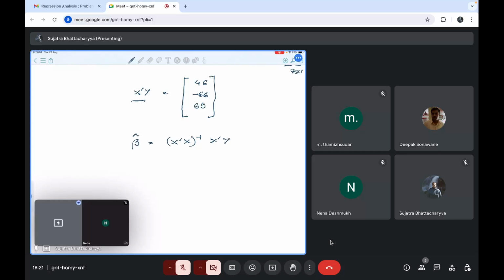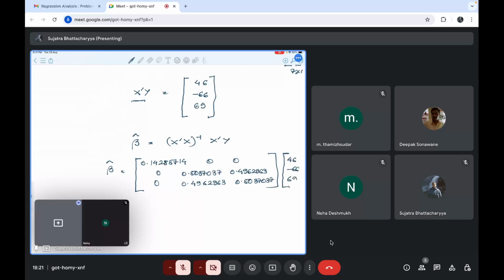Let me write one step so that it is absolutely fine: 0.14285714, 0, 0, 0.503737, 0.4962962, 0.4962962, 0.503737, and with this you have 46, minus 66 and 50.